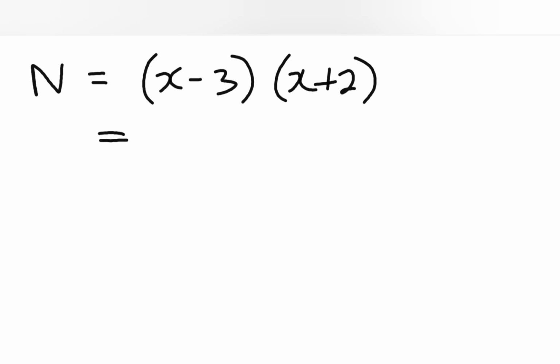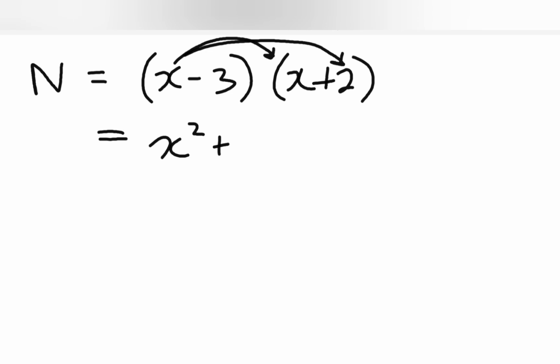For this one, again, we're going to use x to multiply x, and then we're going to use x to multiply 2. So x times x will give us x squared, and x times positive 2 is going to give us positive 2x.